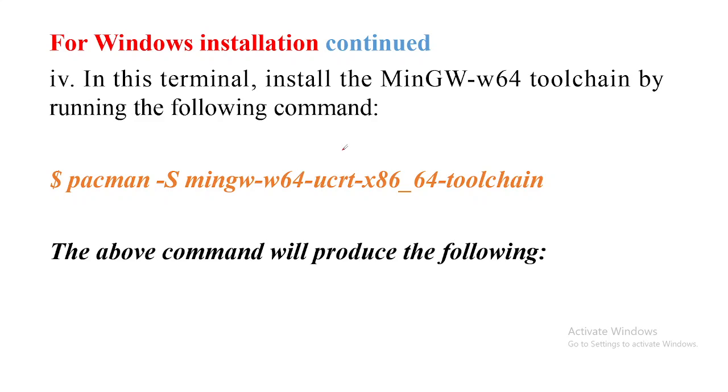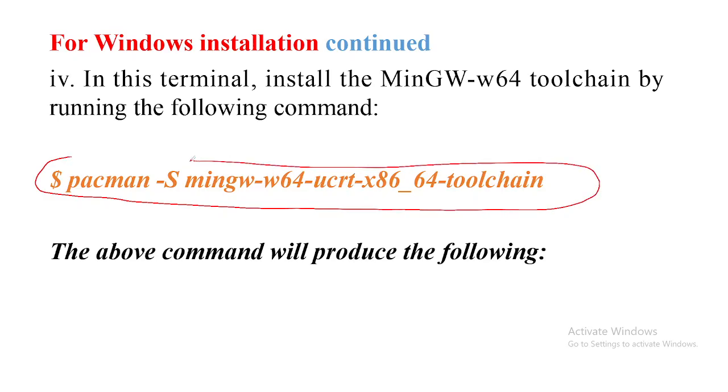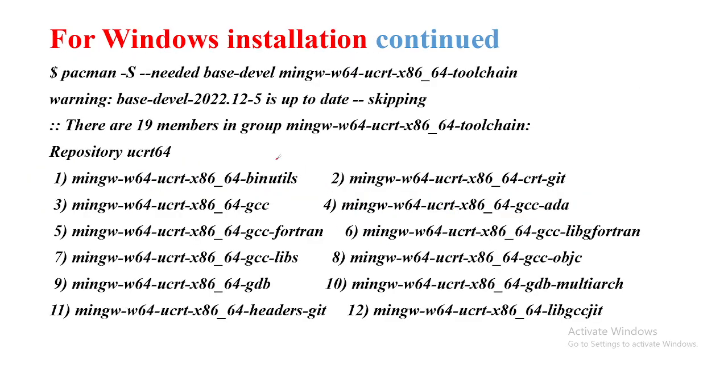If the MSYS2 terminal is open in your window, all you need to do is add this code to it. Most times this dollar symbol is already there, so you just add the pacman command and the rest. Once that code is successful and running, it will produce the following things.